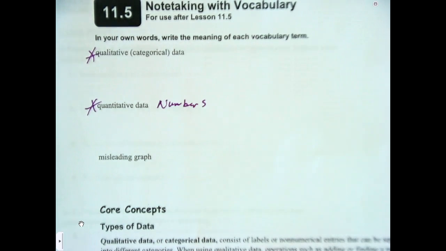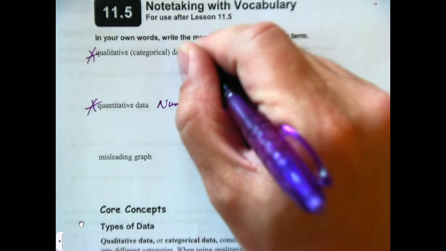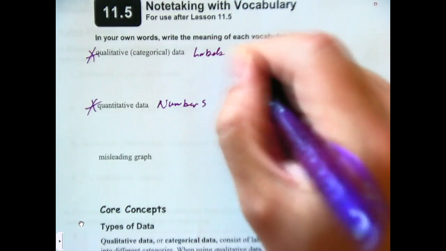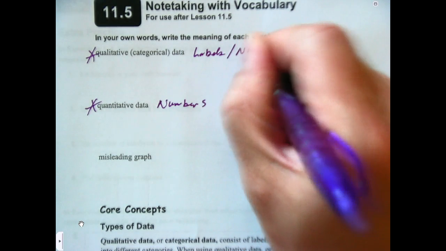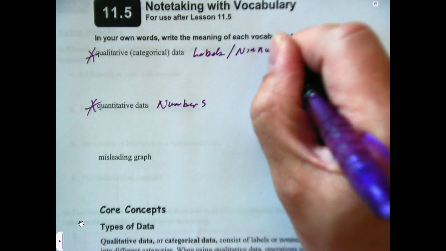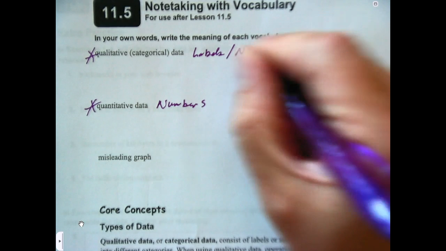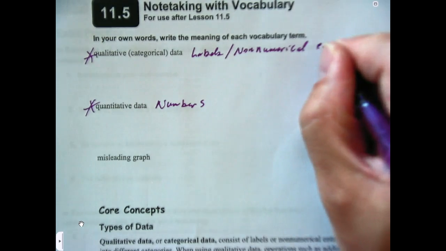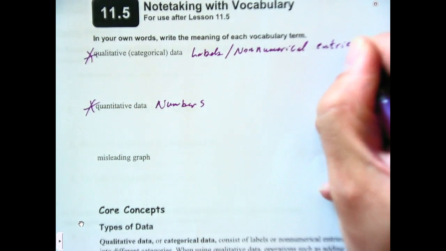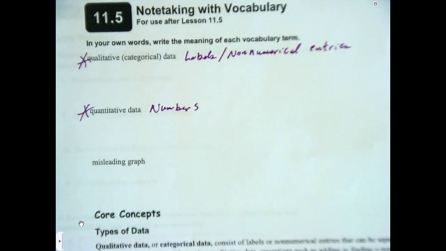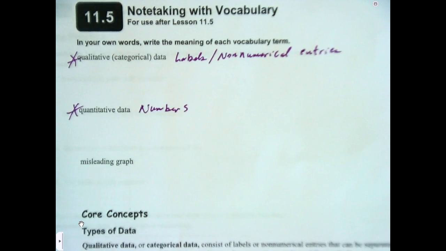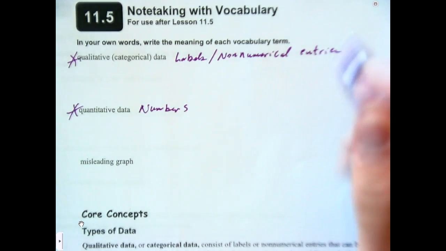Yeah, there's numbers involved with quantitative. Okay? Qualitative consists of more labels, non-numeric. Okay, so you have those labels, non-numerical entries that are separated into categories.